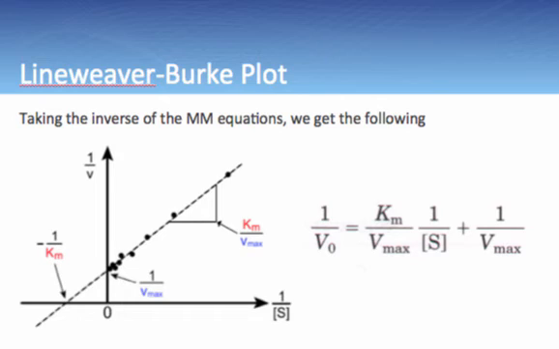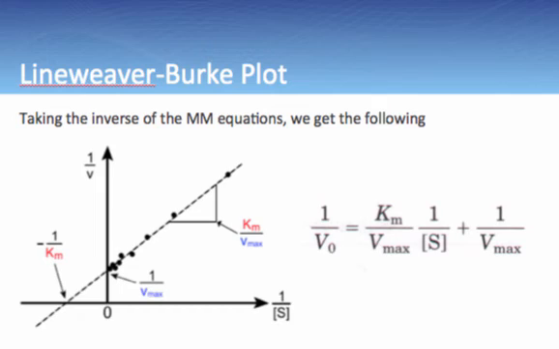And then the y-intercept is going to be a positive value on the Lineweaver-Burk plot, and this is just going to be the regular inverse of the Vmax. And so if we crossed the y-axis at say 1/3, then our Vmax is going to be 3, and that's some information that we would not have been able to gather as quickly or as accurately using the previous plots, because you have to use a little bit more estimation.